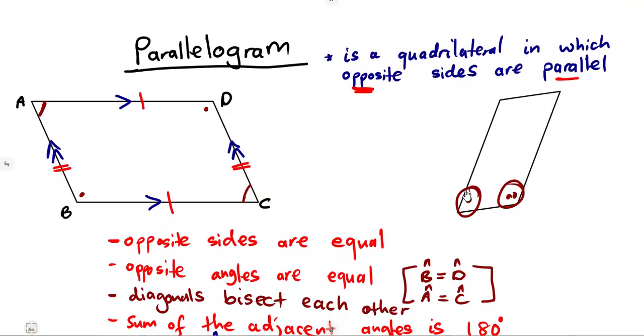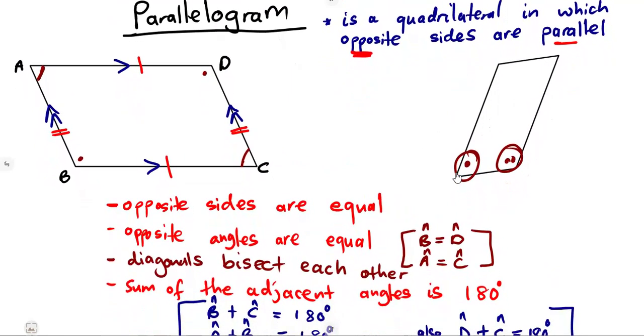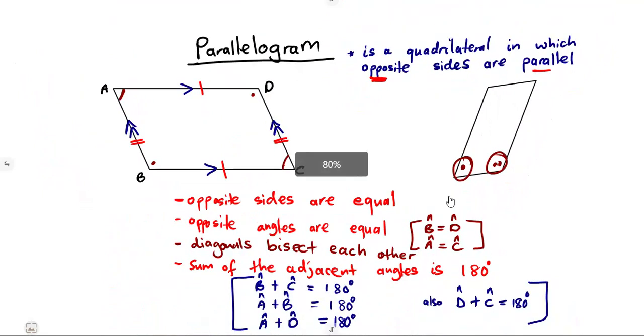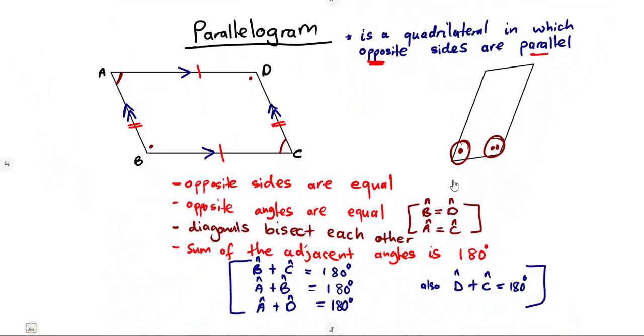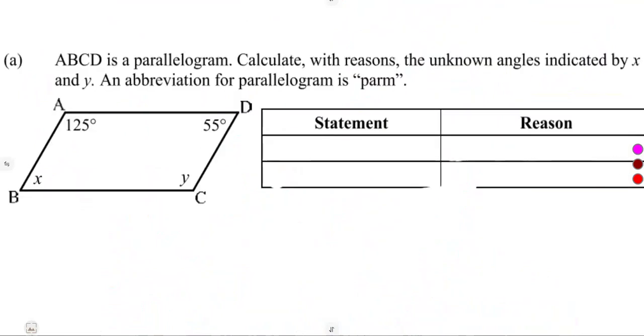With these properties, I want us to see how they ask some of the questions using these properties. We are focusing on a parallelogram for this class. Considering what we are given here, ABCD is a parallelogram.